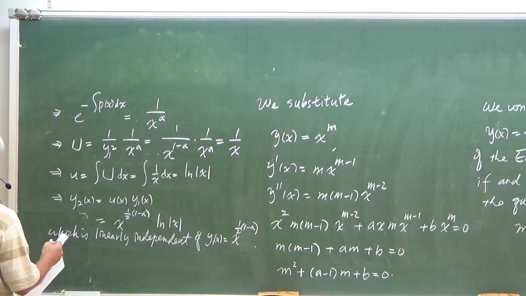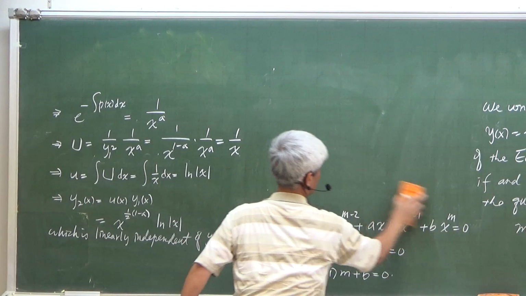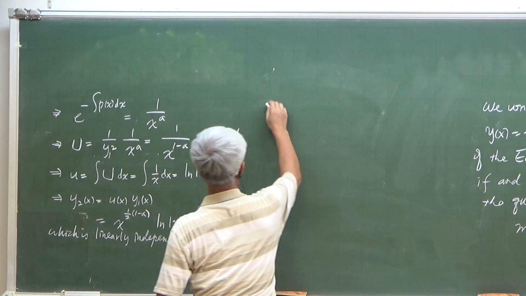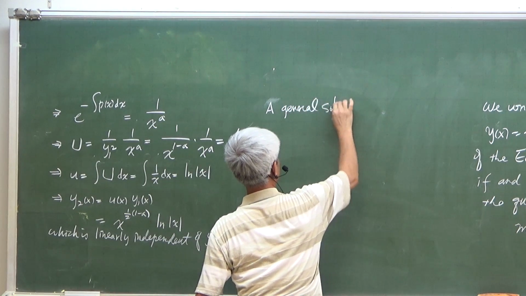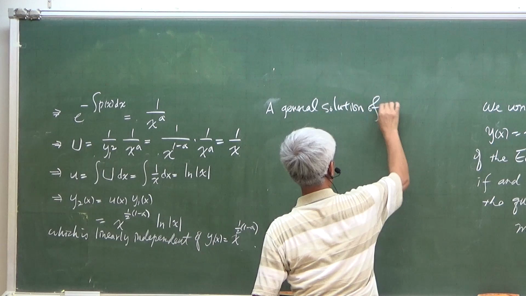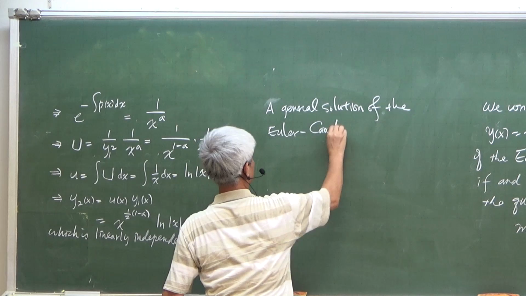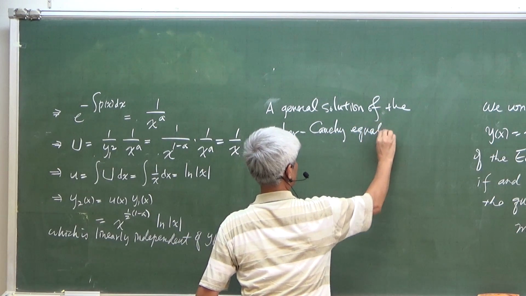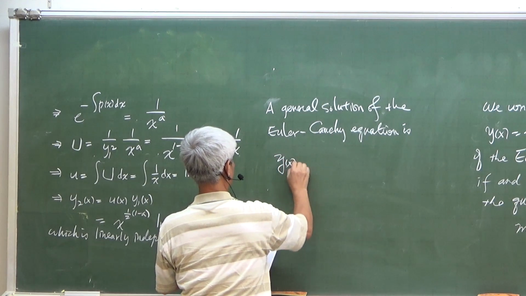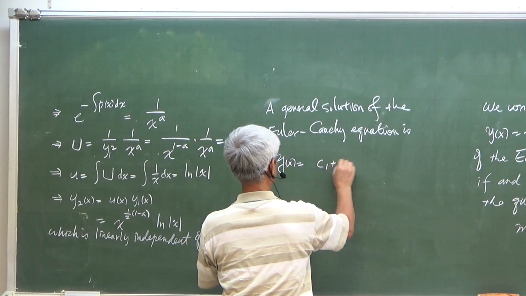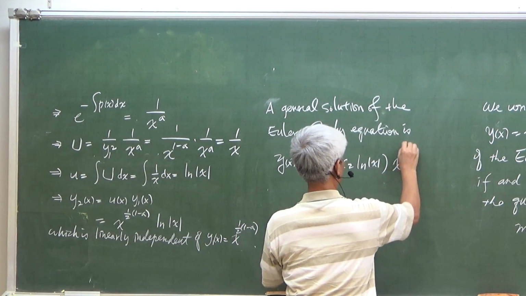Right. And the general solution of the Euler-Cauchy equation is equal to c1 plus c2 ln x, times x to the 1/2 of (1 minus a).